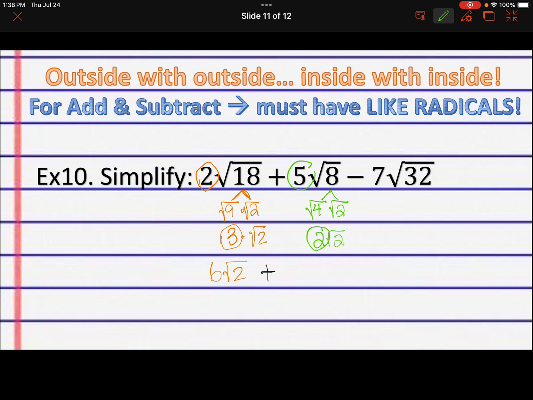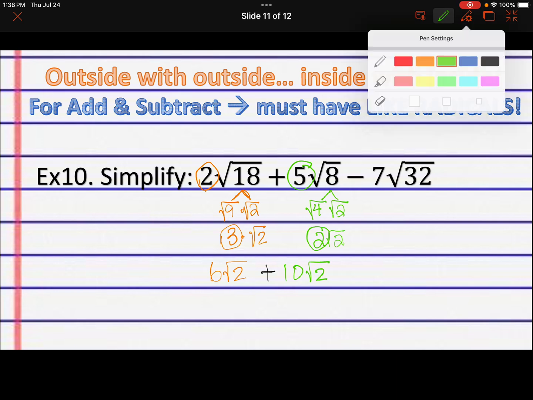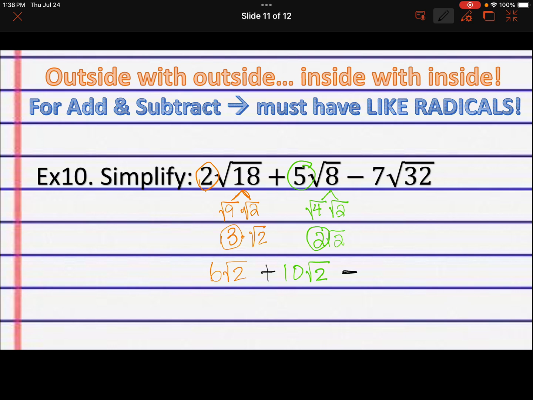I've got my 2 and my 5. 2 times 5 is 10 radical 2. All right, and then I have my minus. And I can break 32 into 16 times 2. So that would be 4 radical 2. And then I can take 7 times 4, which is 28.